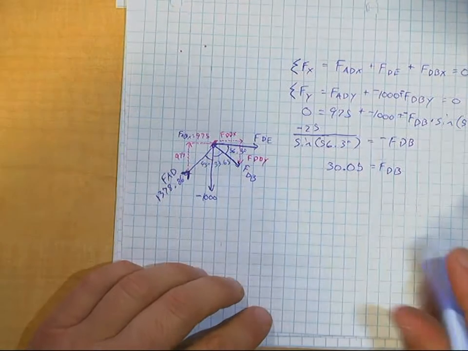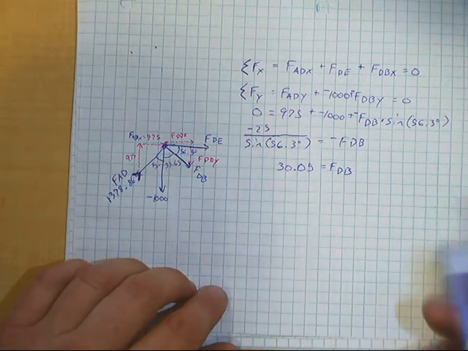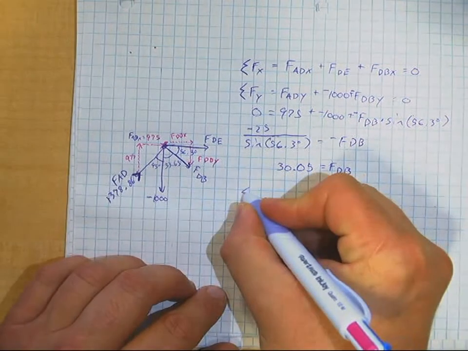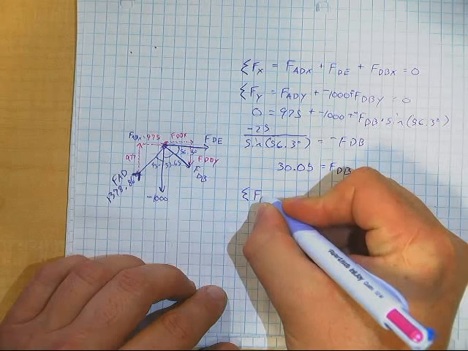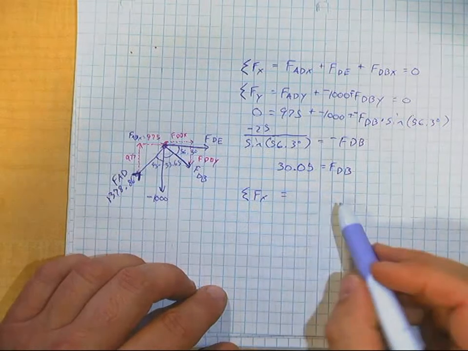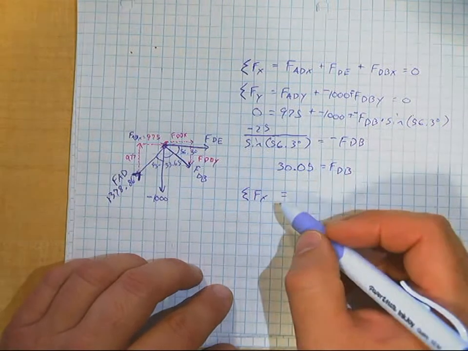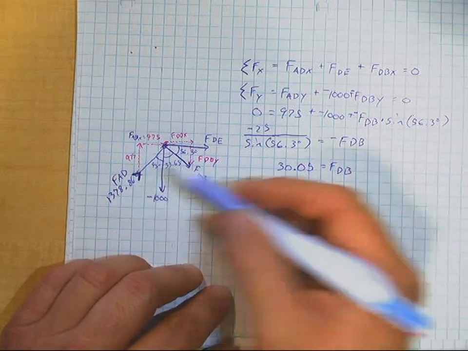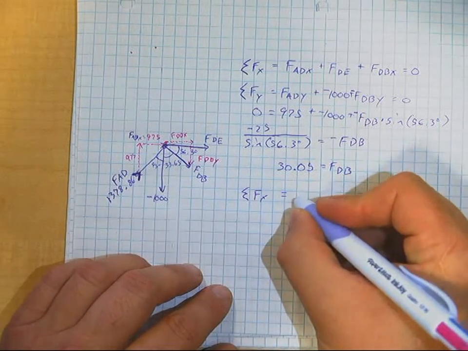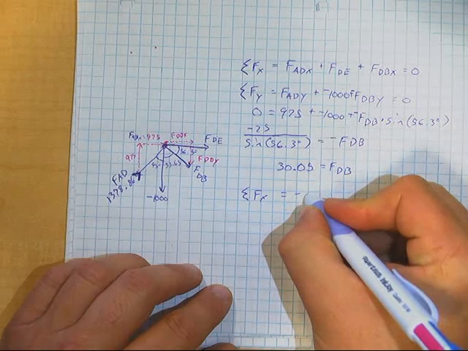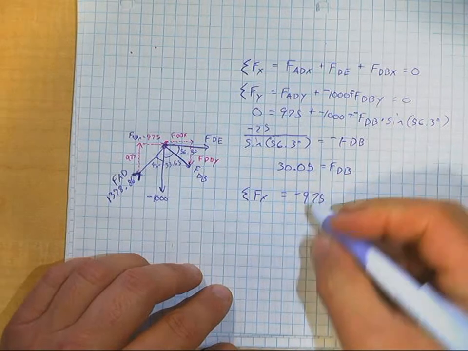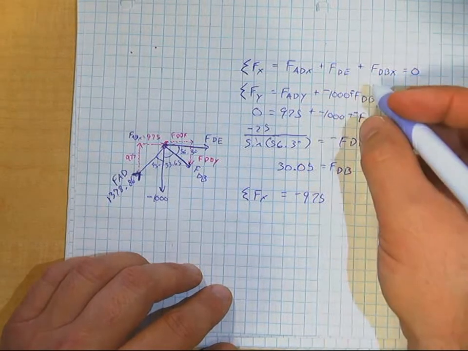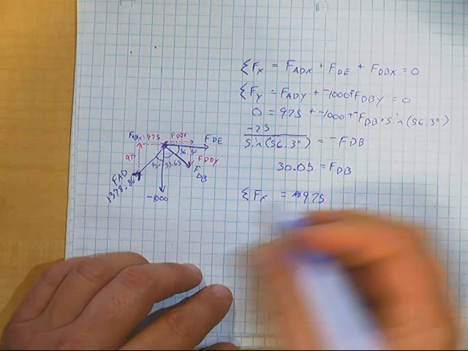So we're going to substitute back in. We have our summation of Fx, the x forces. FADX is going to be 975. It's going to be negative 975 because it's to the left. Oh, I'm sorry, it's going to be 975 because it's to the right.